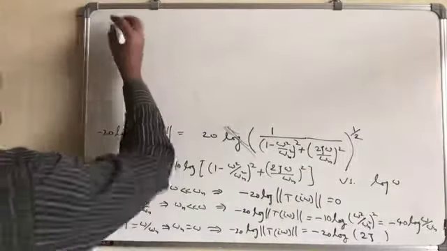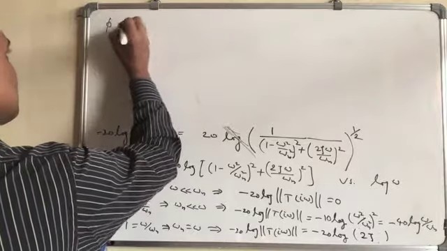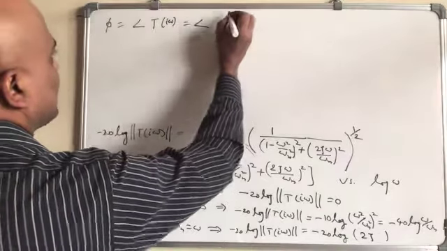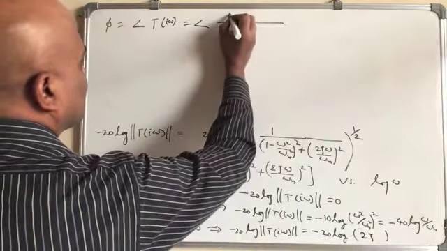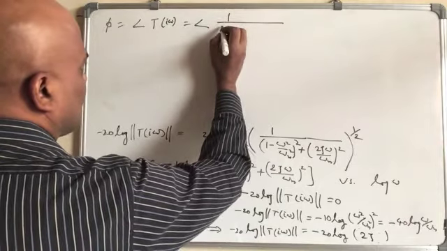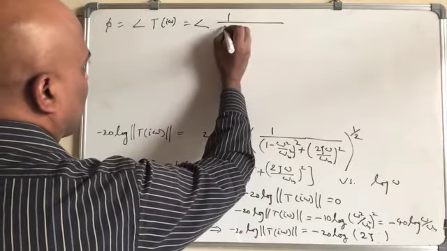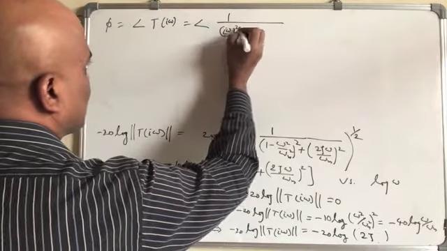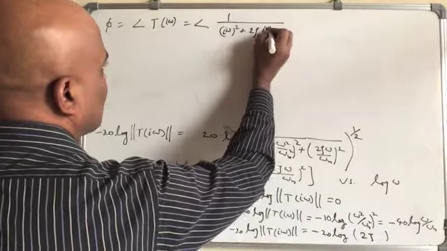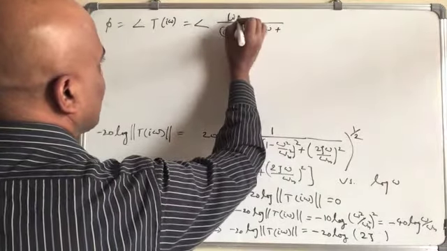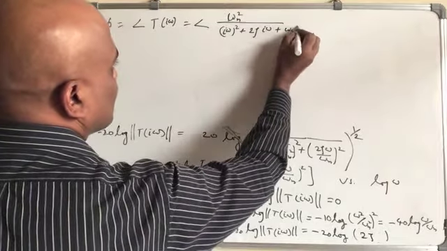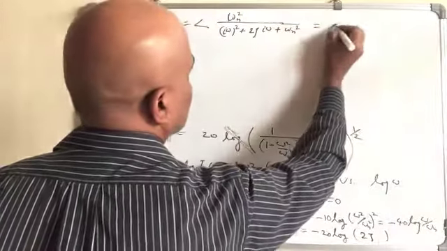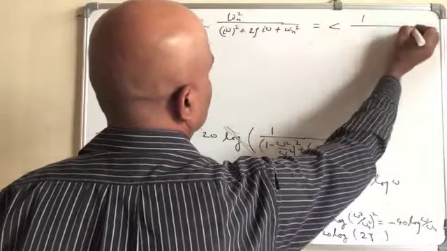Similarly, we can plot the angle, or let's call it phi, equal to the angle of G(i omega). We know the angle of 1 over s square plus 2 zeta omega n s plus omega n square, with s equal to i omega.